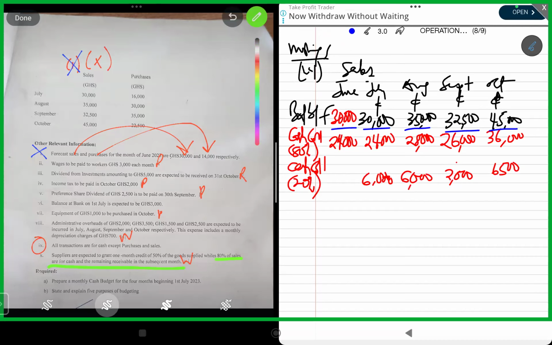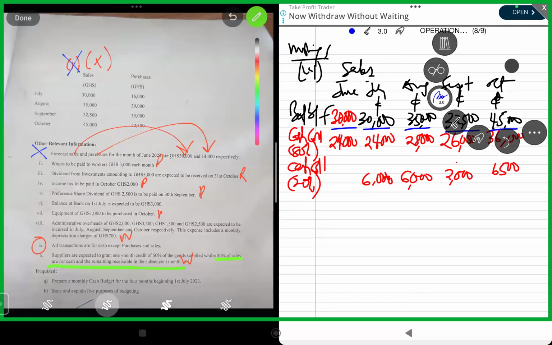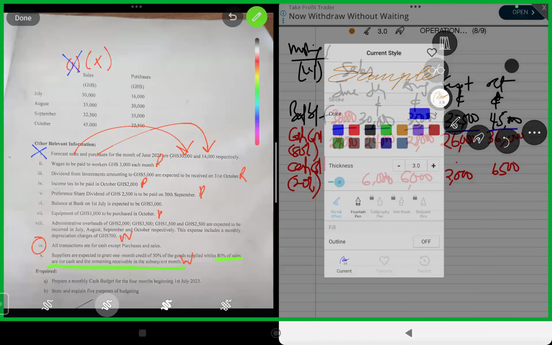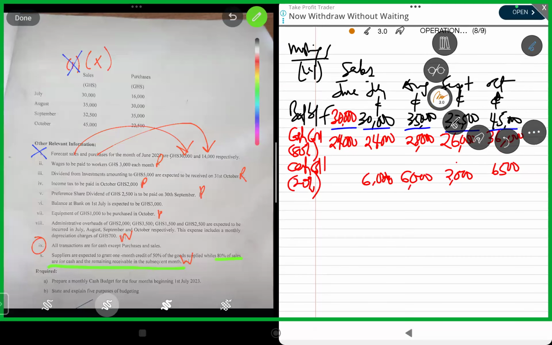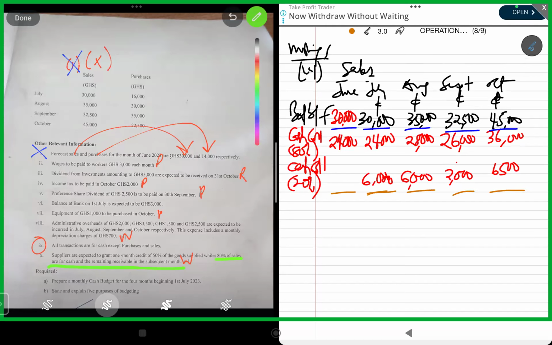So now, have you seen I've underlined the balance brought forward, the sales figures brought forward? Yes, please. Otherwise, they are not cash items. So when I'm done, I'll also underline these figures here: June, July, August, September, and October.